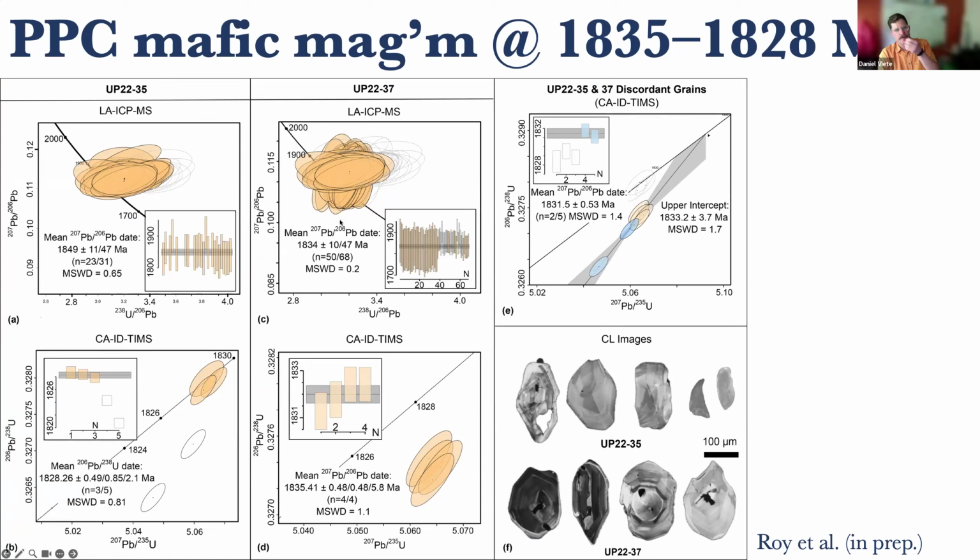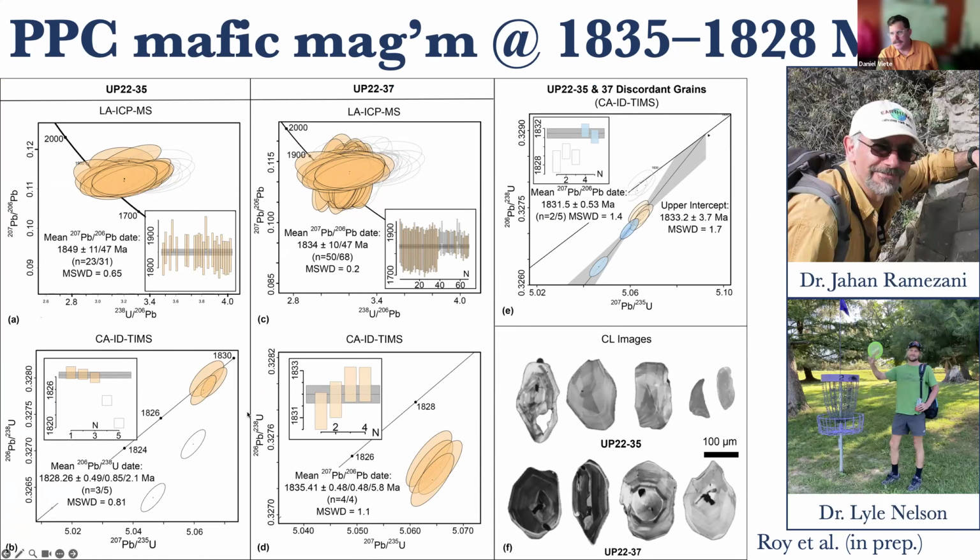Here are some laser data from our lab downstairs here at Johns Hopkins. But he went on to MIT to work with Jahan Ramasani and Dr. Lyle Nelson on trying to get some more precise dates on the PV pond complex. And the dates come out to between 1835 and 1828 million years ago. So the PV pond complex and the gabbroic magmatism occurred at about 1830 million years ago, as did the regional metamorphism, which is constrained by a relative timing to be the same.